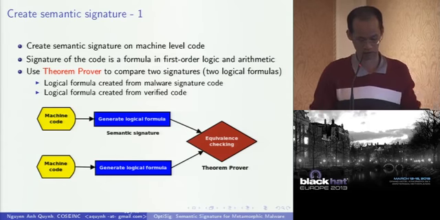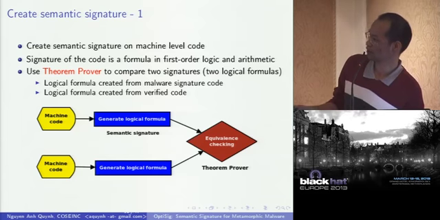So you can see here on the diagram, we have two codes. This one is considered the signature for the malware. This one is the transformed code. So with the signature, we generate the logical formula, and we consider this one the semantic signature. And when you want to verify something with this signature, we also do the same thing.